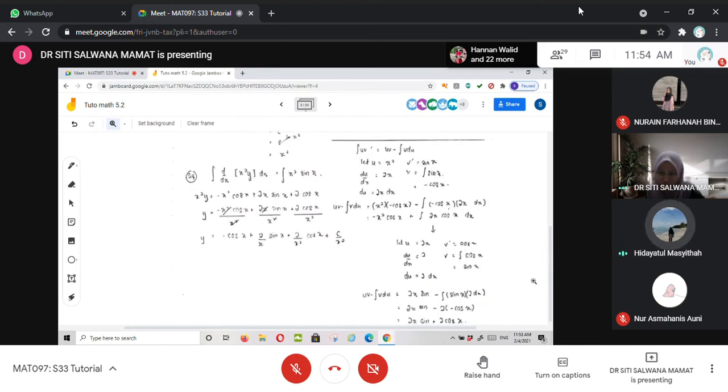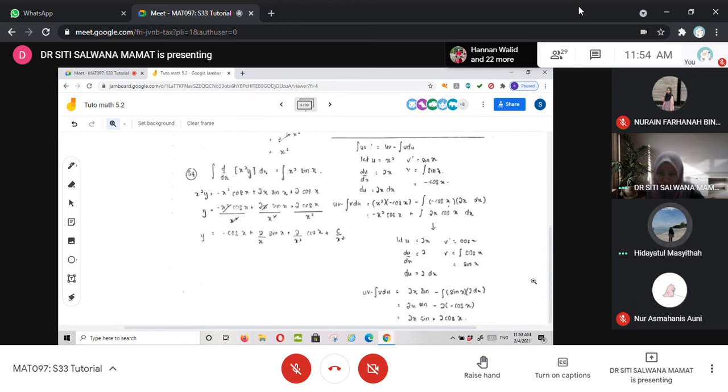So insert dalam formula, kita akan dapat x square multiply negative cos x minus integrate negative cos x multiply 2x dx. So kita akan dapat the final answer is negative x square cos x plus integrate 2x cos x dx. So kita tak settle lagi 2x cos x. Kita kena buat lagi satu.